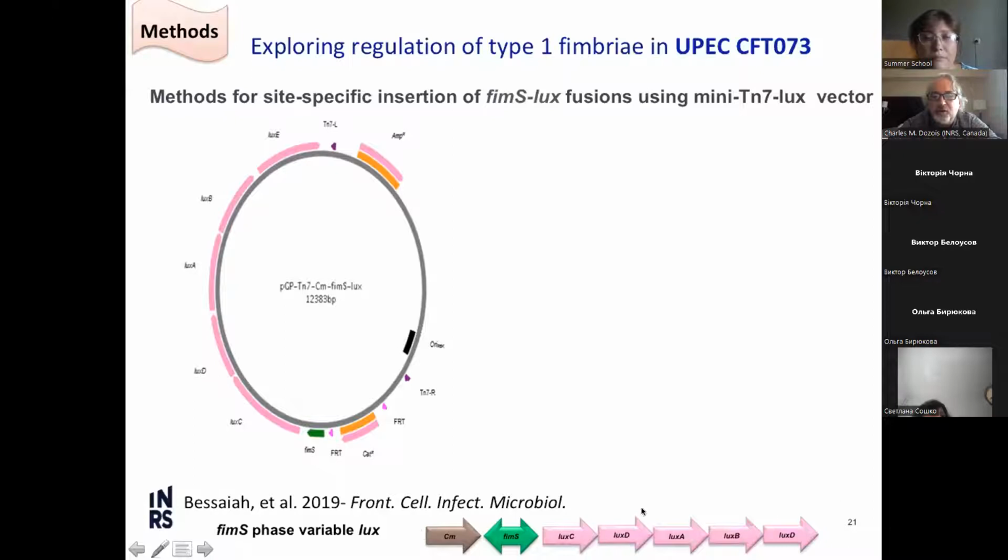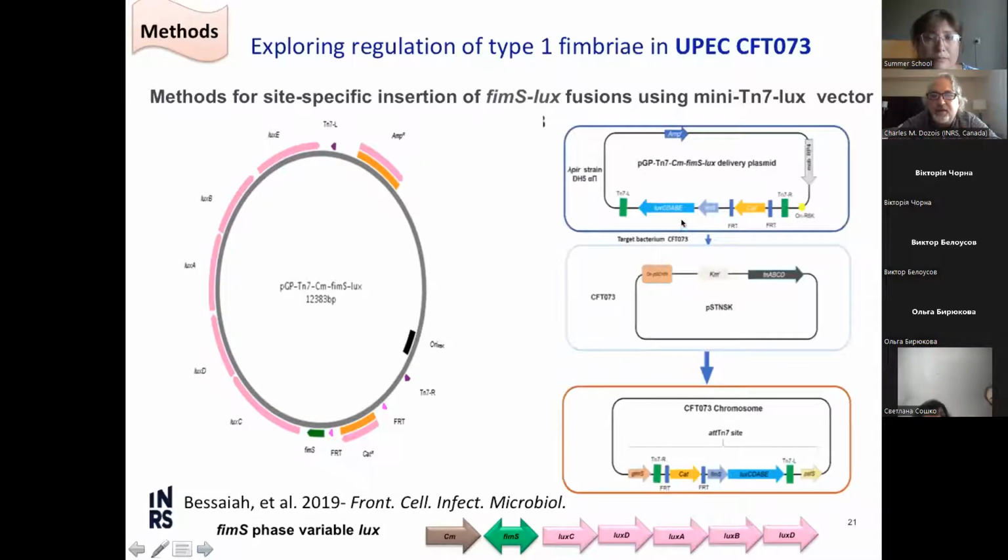And so having a marker and this ability to read light allowed us to, by putting it into the chromosome, have a tag, but without touching the actual functional fimbriae, which are in the chromosome. So we have a light emission here to look for a change in the switch.